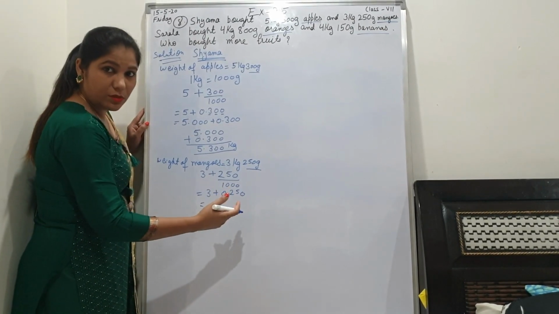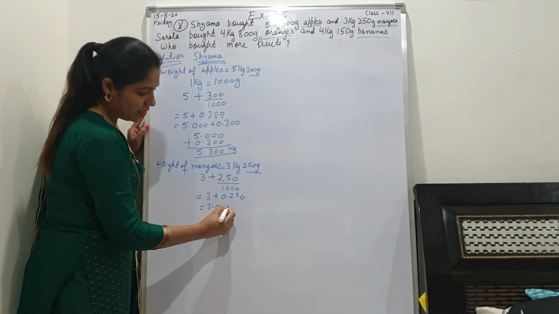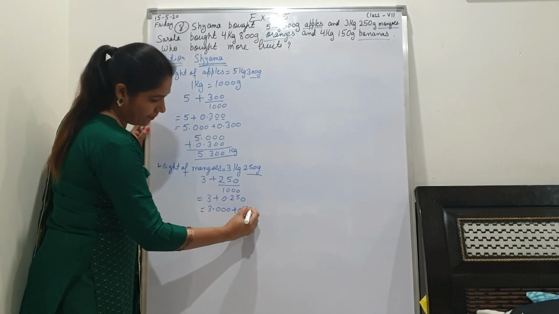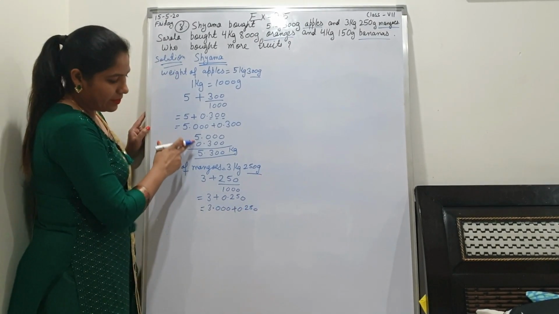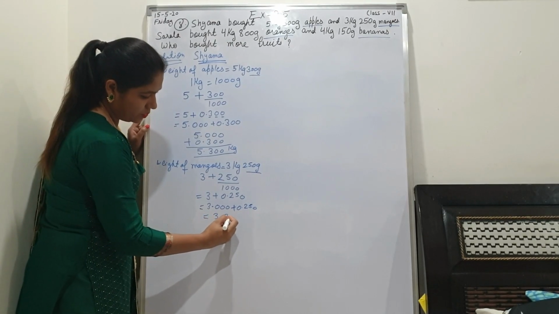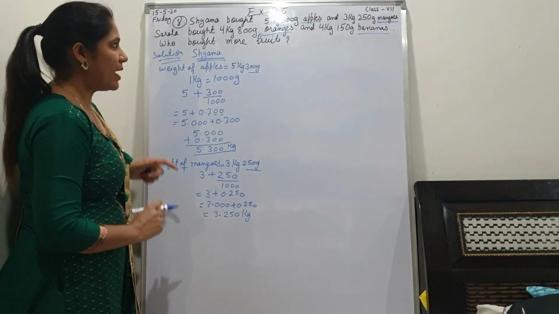Again convert into like decimals by putting 0 at the extreme end. We will add in a similar way. We will get 3.250 kg. That is the weight of mangoes.